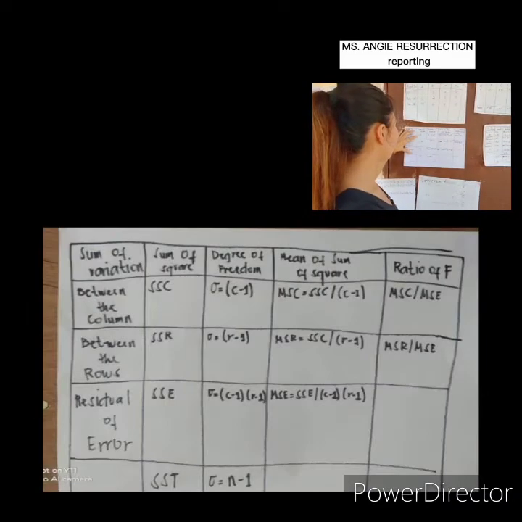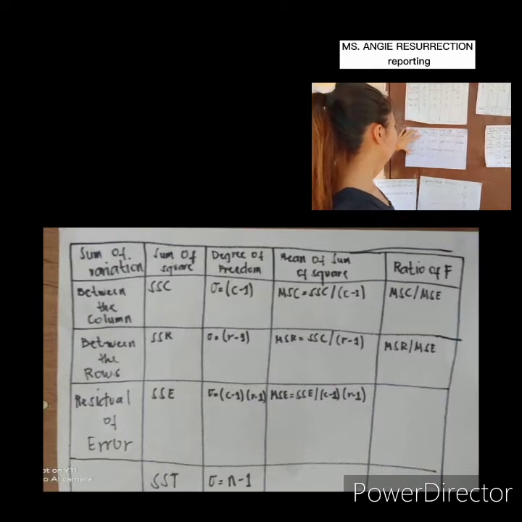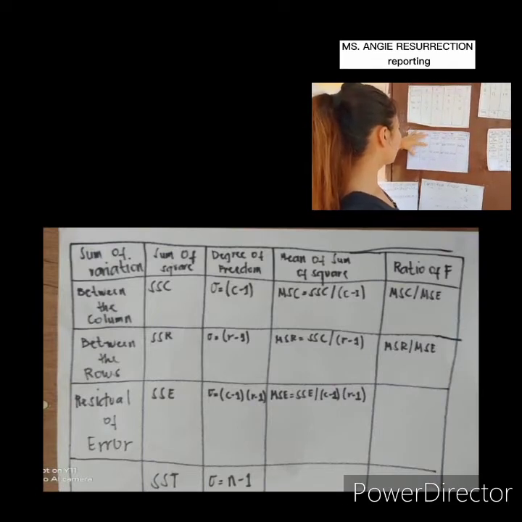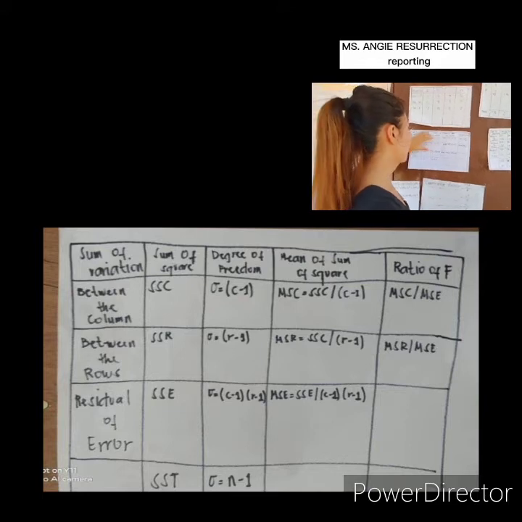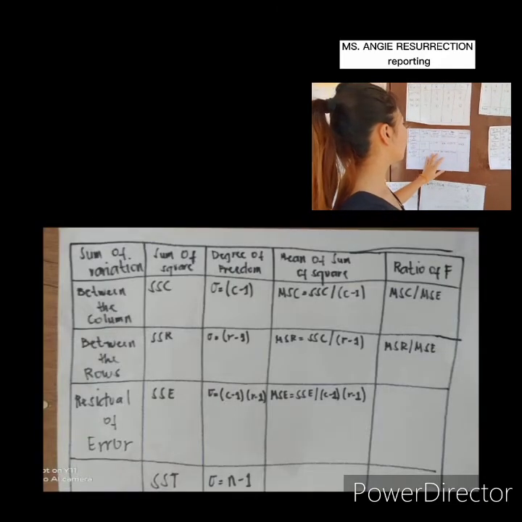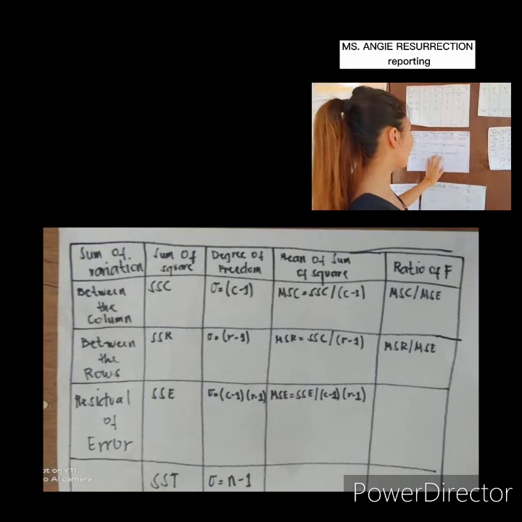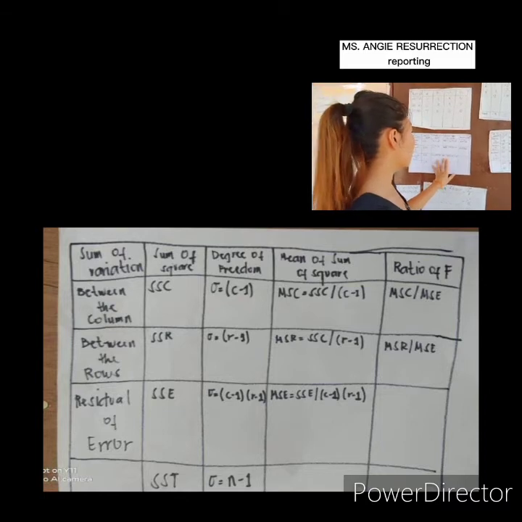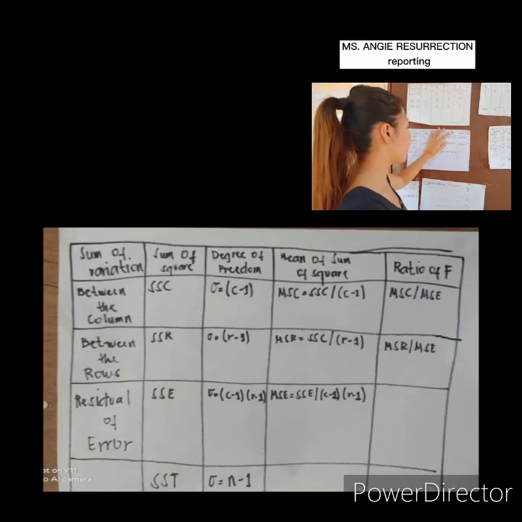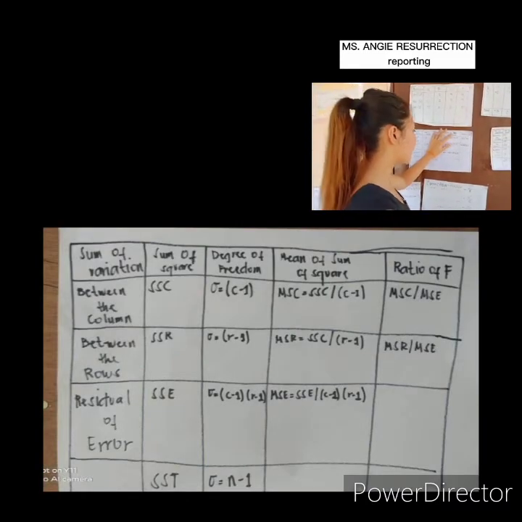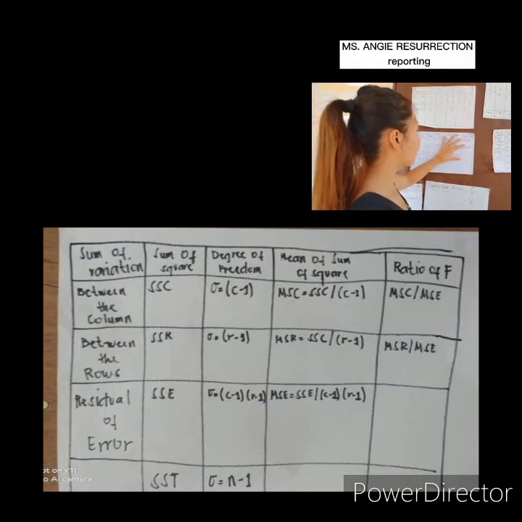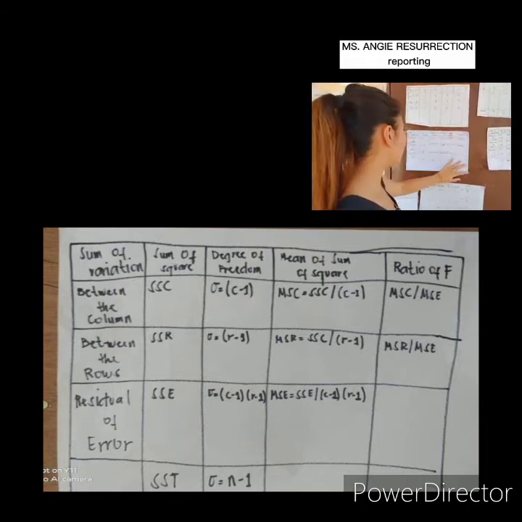Then the residual or error. The sum of squares of the residual or error is SSE. Degrees of freedom nu is equal to C minus 1 times R minus 1. Mean sum of squares of the residual or error, MSE, is equal to SSE divided by C minus 1 times R minus 1.